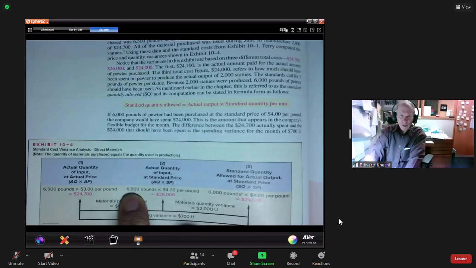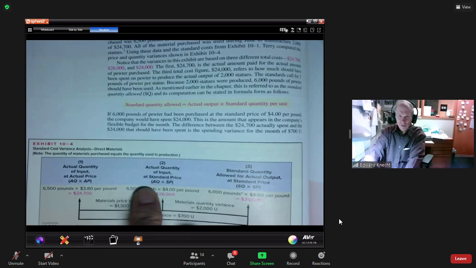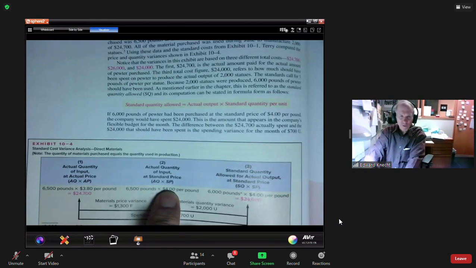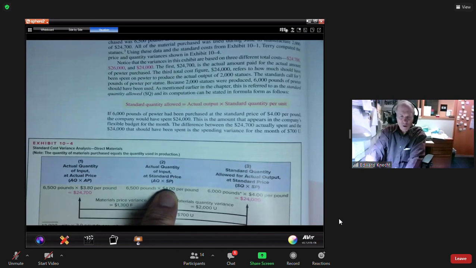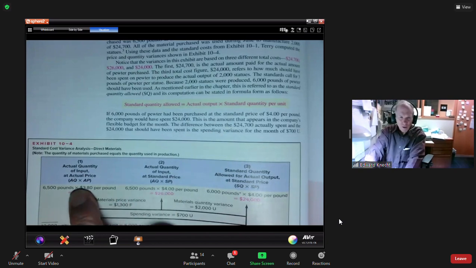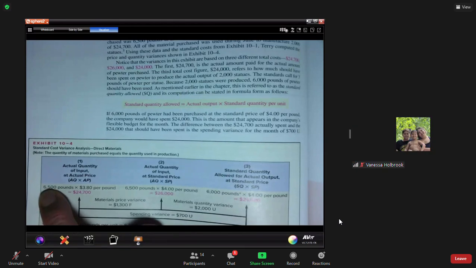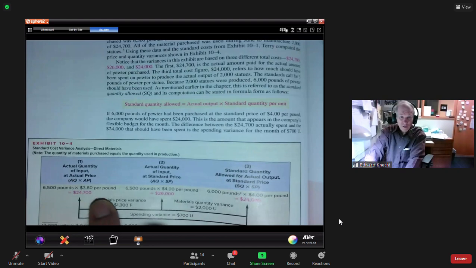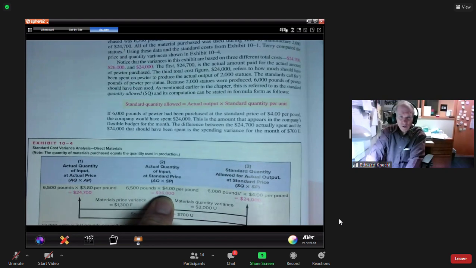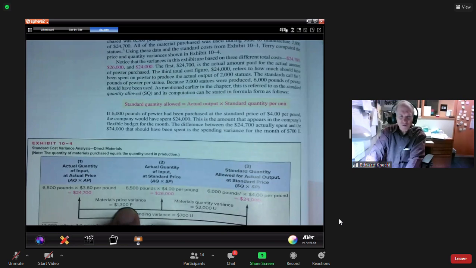The actual quantity stays the same, but the standard price, we're supposed to buy it at $4. So, hey, we bought it at 20 cents less than what we're supposed to. So you could just multiply 20 cents times 6,500, right? Mm-hmm. And when you find the difference here between the totals, we get 1,300 favorable.